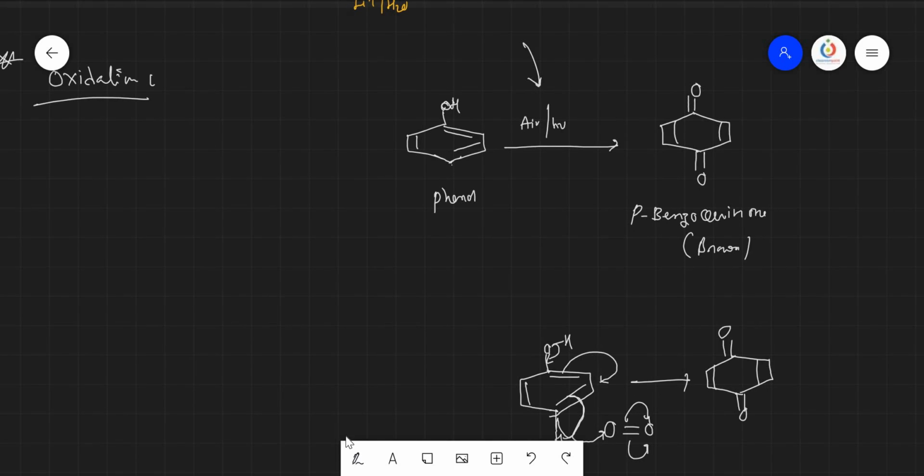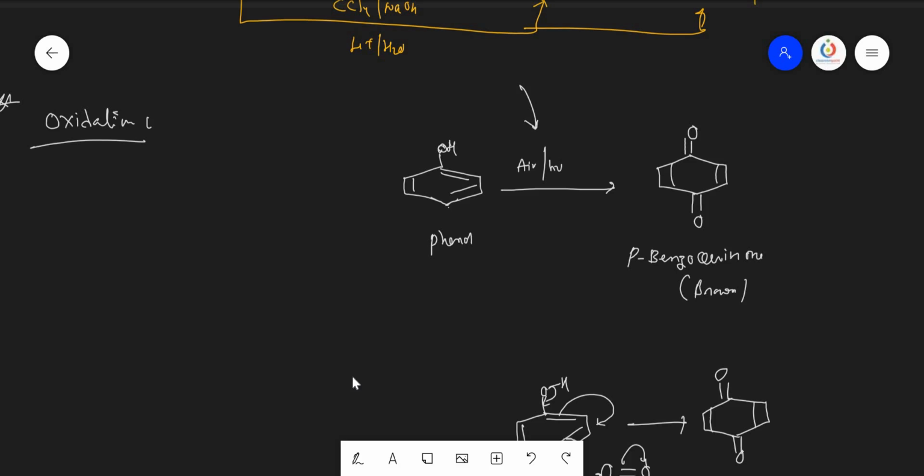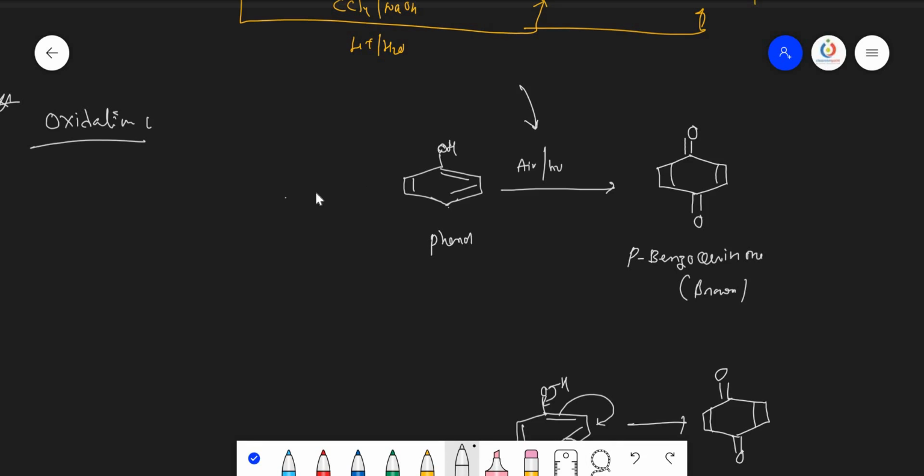Next, one of the important reactions here is K2S2O8 with OH minus. Now the oxidation product is different. OH here and OH here. This is called the paraquinol.